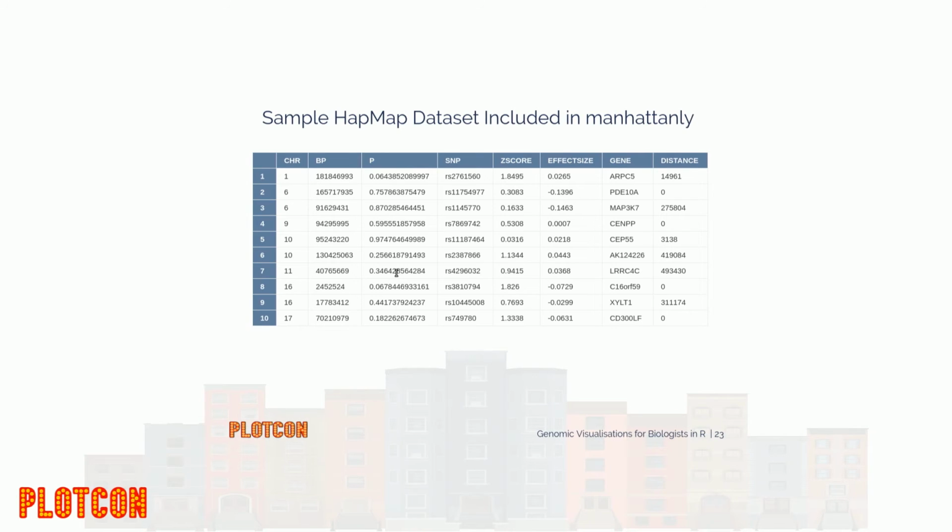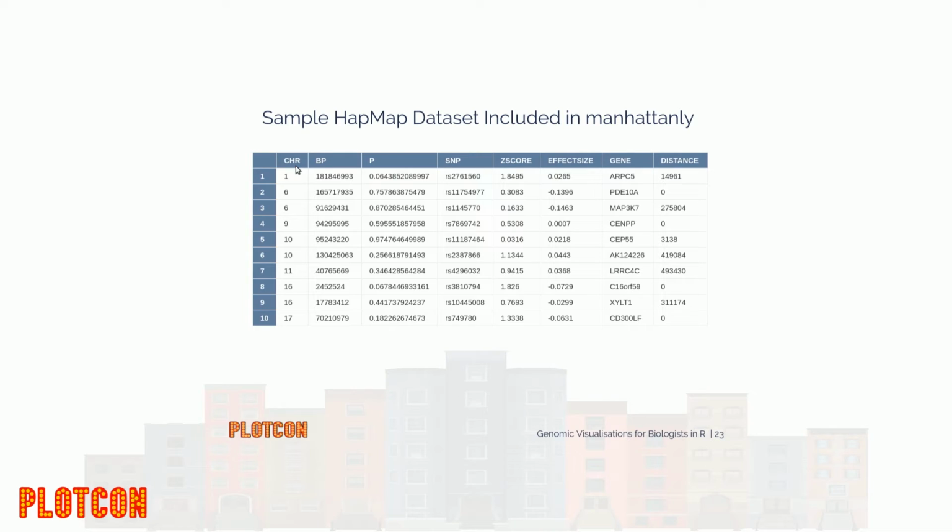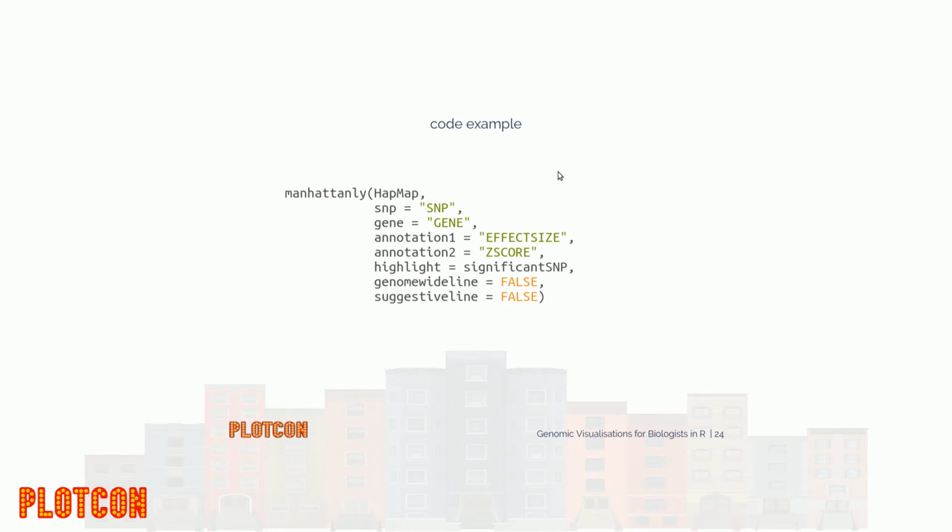In the package I've included what a typical data set looks like post-analysis. What you have here is the chromosome number, and this is included in the Manhattanly package, so you can play around with it. A typical analysis would have the chromosome, the BP, which is the base pair position, a p-value, some measure of significance, and then some other annotation information. And this is the code to create this Manhattan plot.